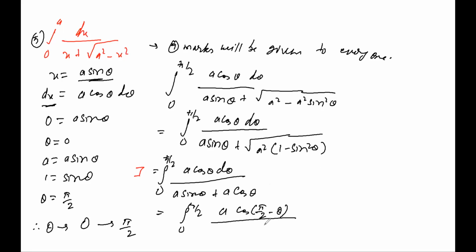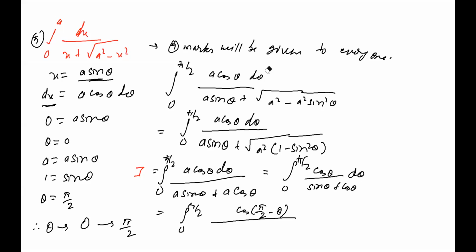Now from here, a will be cancelled out, so directly you can write integral 0 to pi by 2 of cos theta upon sin theta plus cos theta d theta. Don't write this a, there is no use of it.